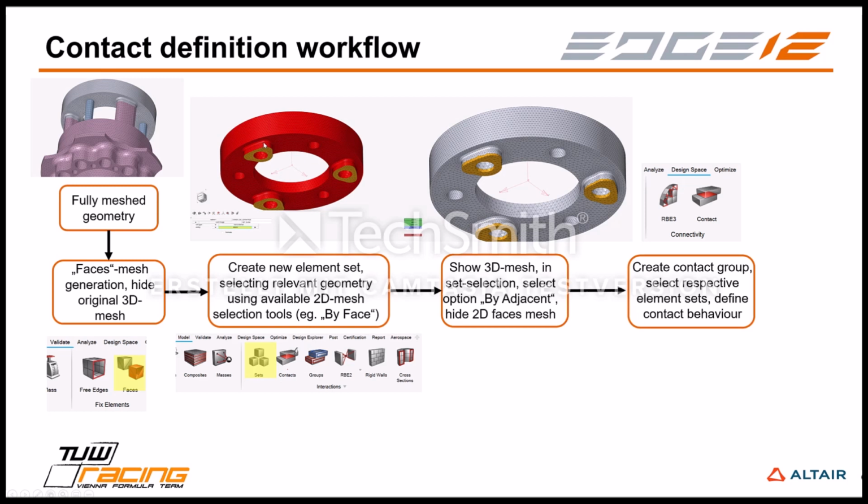The reason for that is that we can then select our elements first of all in the 2D mesh. Then we show the 3D mesh, and then we again select our elements by adjacent. This will then select the adjacent 3D elements from the selected 2D elements. And then we can create the contact group, select the respective element sets, and define a contact behavior.